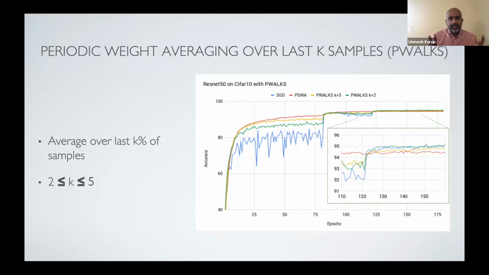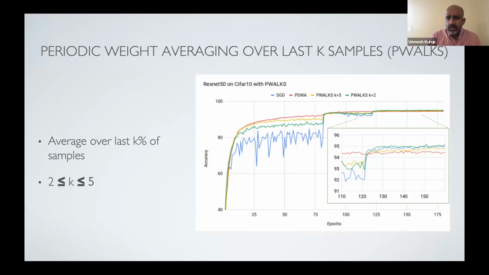So we use just the last k samples to calculate the mean. And if you can imagine that when k is 100%, it's basically similar to the previous technique, which is PSWA. So this new technique, we're calling PWalks.